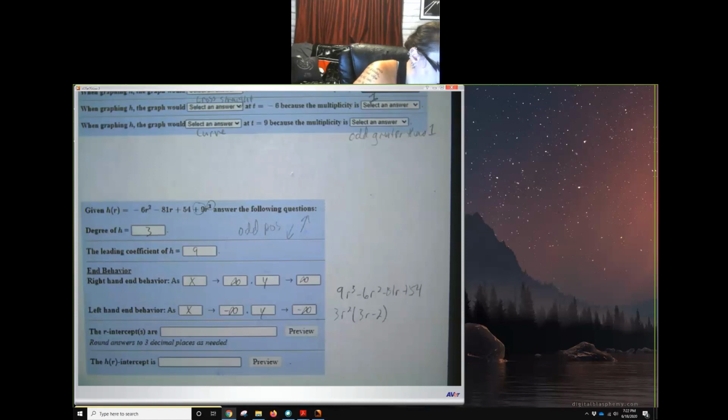I'm going to do a negative 27 because if this is negative, then this should be negative also. And that would leave me 3r minus 2 because 54 divided by negative 27 is a negative 2. So this one does factor.